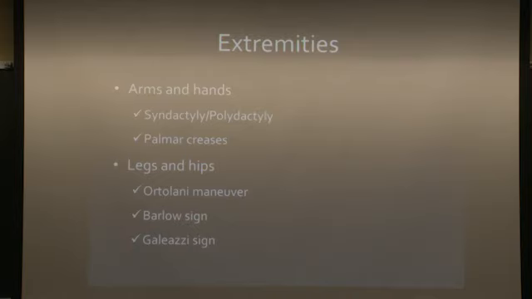For the legs and hips, you'll inspect the gluteal folds for hip dysplasia. Look for lines on the soles of the feet. The Ortolani maneuver and Barlow's tests are techniques in which the hips and knees are flexed 90 degrees and the thigh is gently abducted. If there's a palpable and audible clunk as the hip reduces, it's a positive finding.